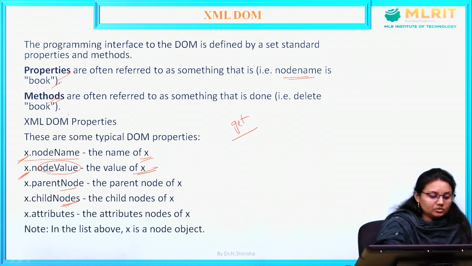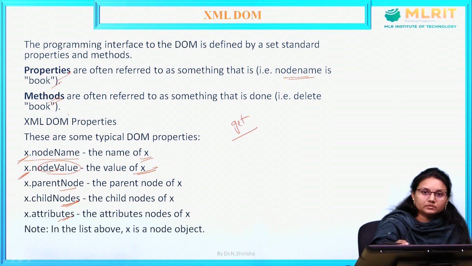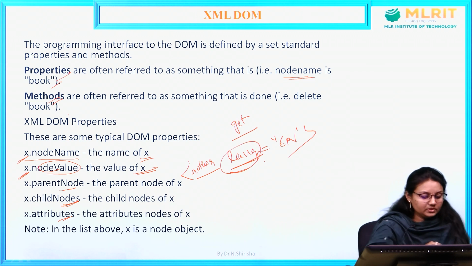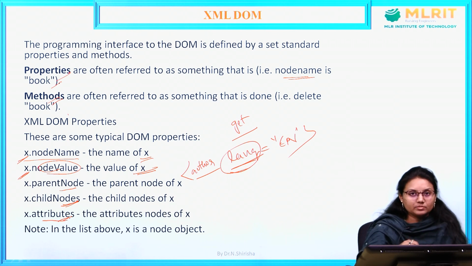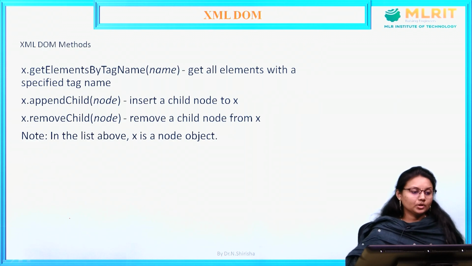Then child nodes to get the value of that. Attribute means, suppose you have author, and language is equal to en for author. If you want to retrieve this attribute, then you can use x dot attributes. Okay. In such a way, you have so many properties for DOM.